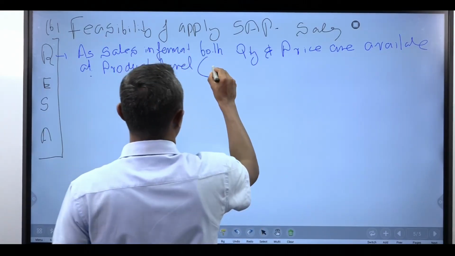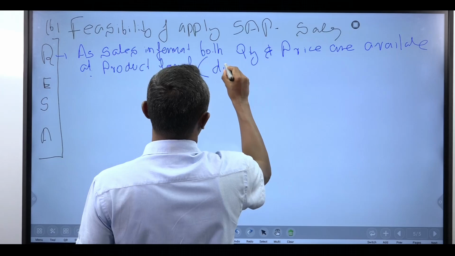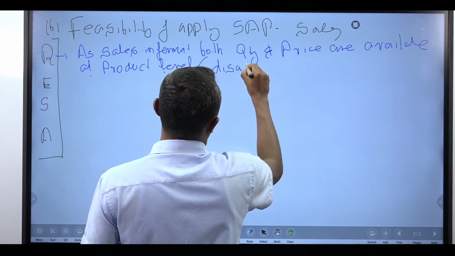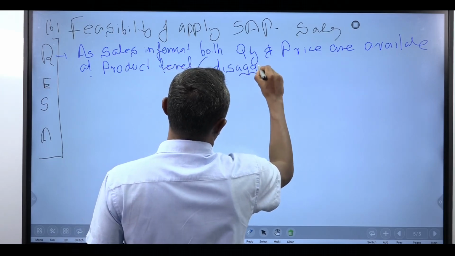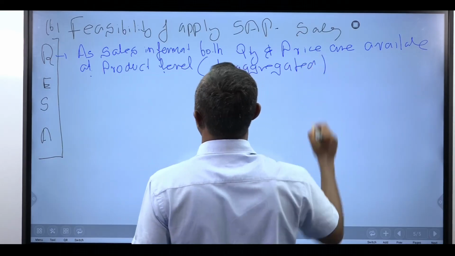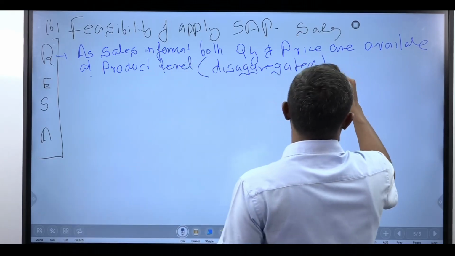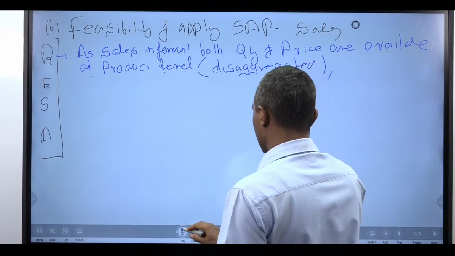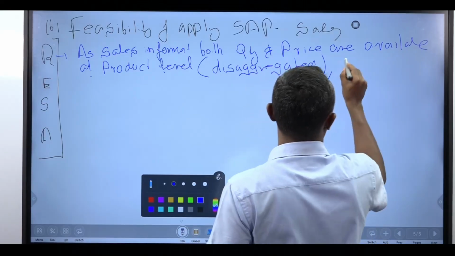That's called, remember these are very important words, disaggregated. Disaggregated information is there. SAP can be done. Substantive analytical procedure could be applied.